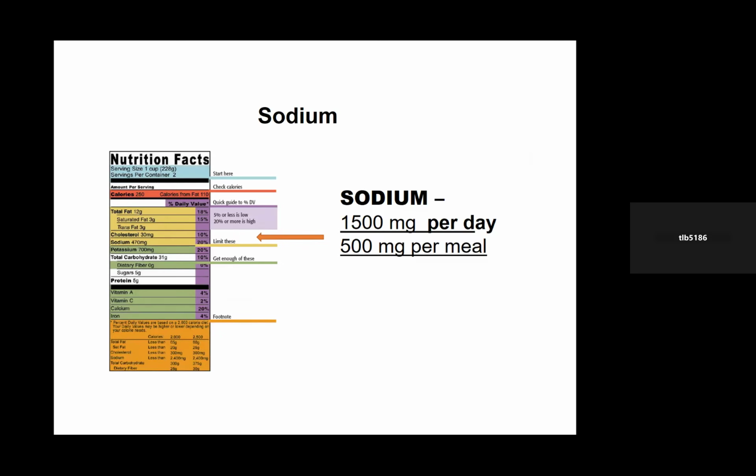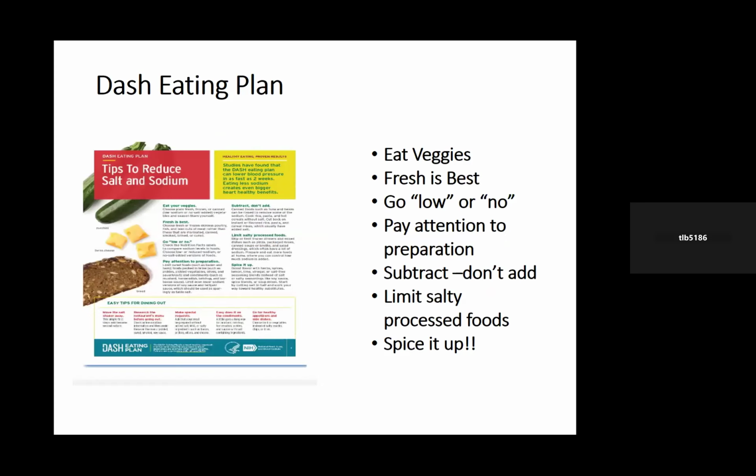Again, looking at sodium, we want to make sure that we're keeping it under the 500 milligrams per meal. Don't grab the salt shaker. We want to do things like eating the DASH diet. And basically, DASH stands for direct alternatives to stop hypertension.